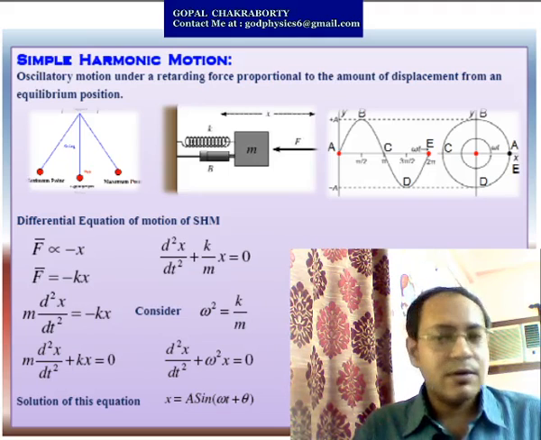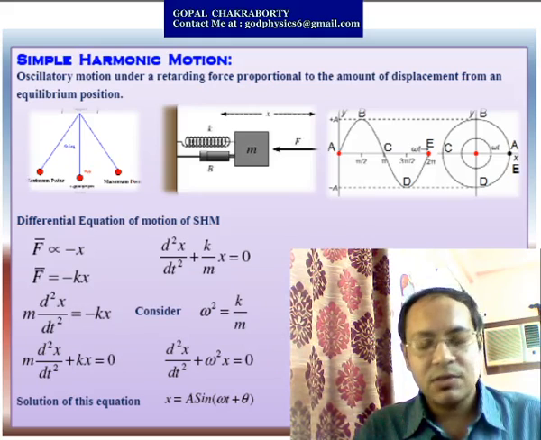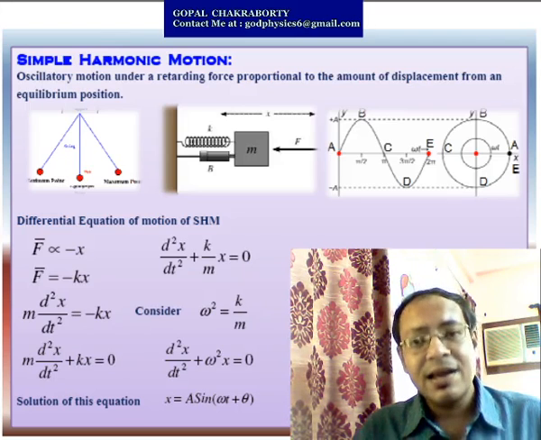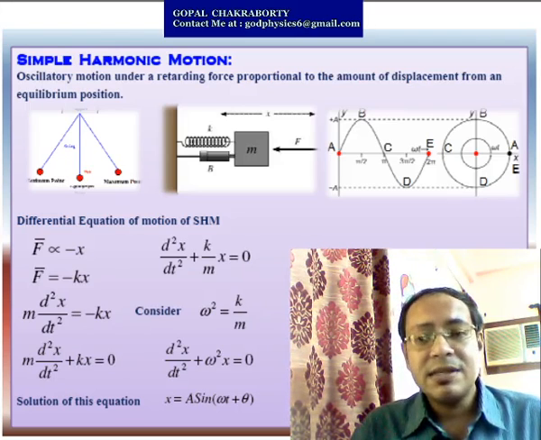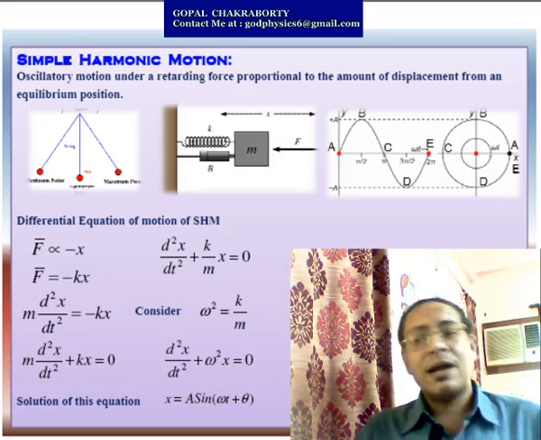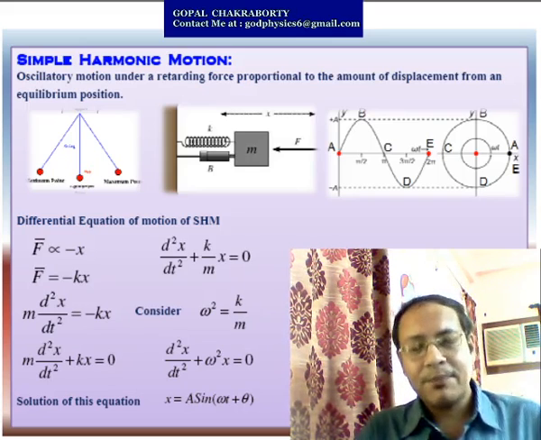Now we consider omega squared equals k/m, where omega is the natural angular frequency of oscillation. So omega equals the square root of k/m.